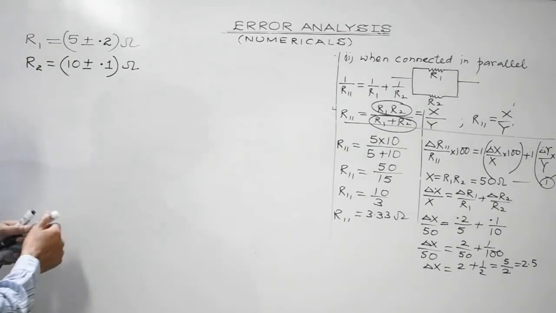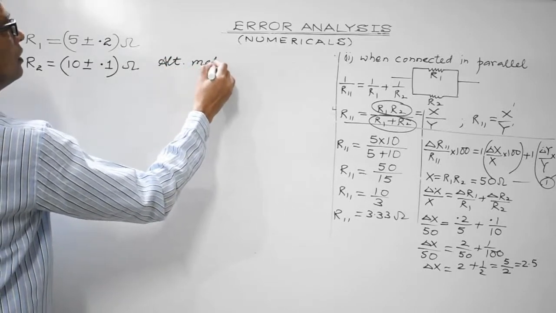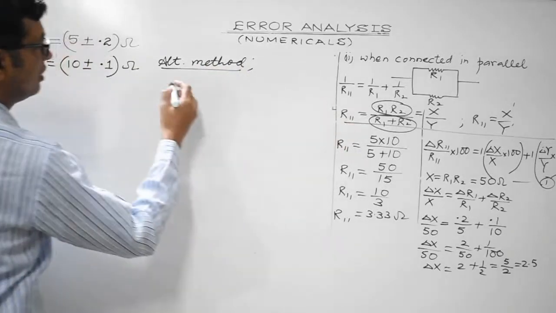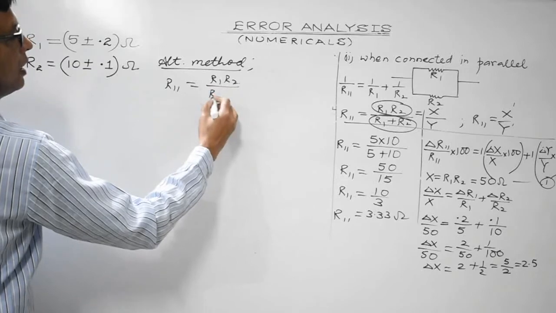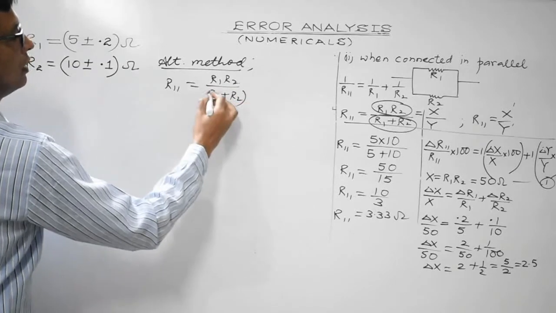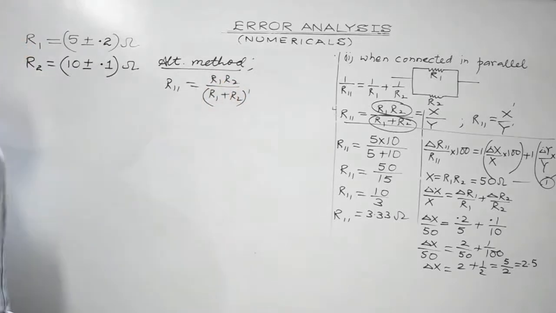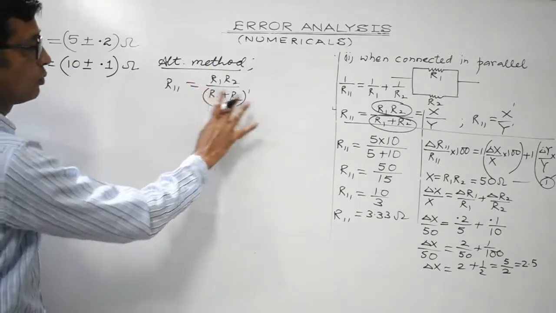Alternatively, what we can do is, over here, R parallel is R1 R2 divided by R1 plus R2. I am taking it as a single term. These are the product and divided by R1 plus R2. It is to be taken as a single term.